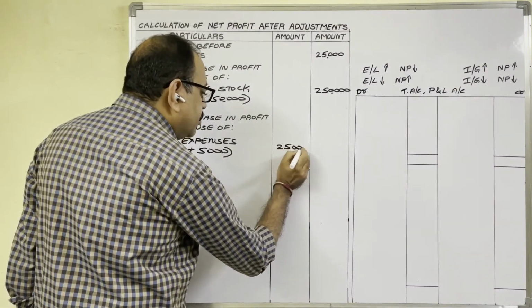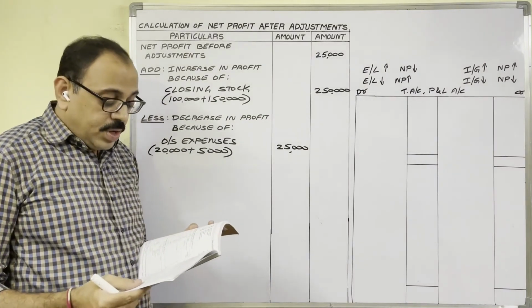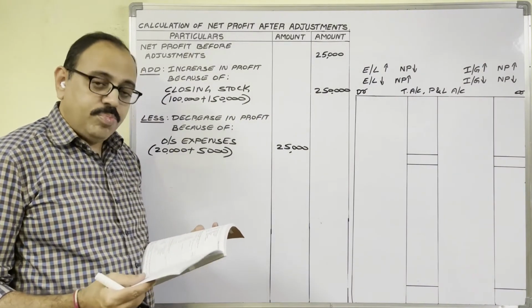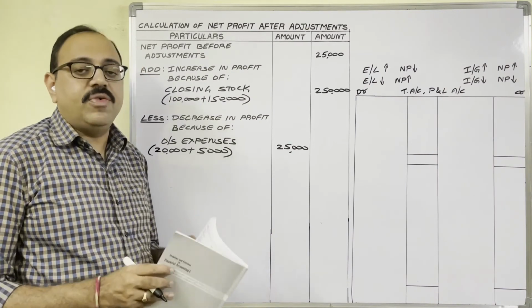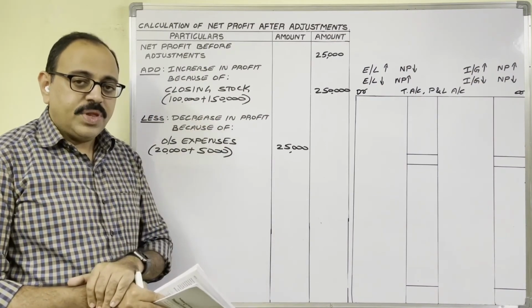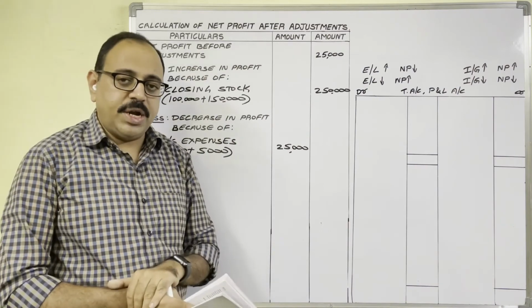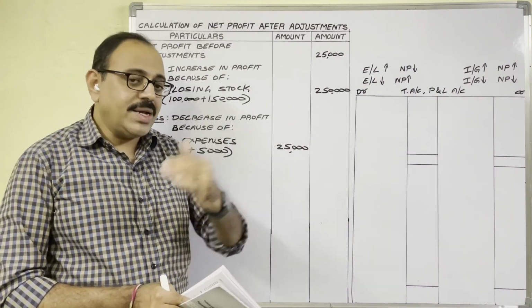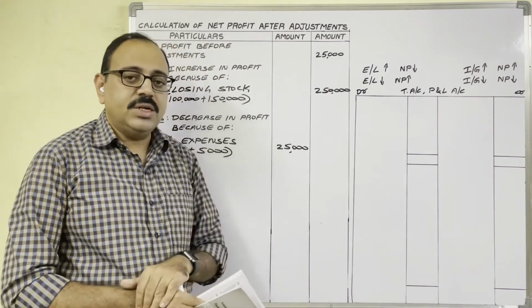Next, 2,000 for personal insurance and 10,000 for income tax were paid in advance. These two are the owner's personal expenses. From the firm, the owner is withdrawing some amount towards personal expenditure, so cash is going from the firm. That cash will be shown in the balance sheet.